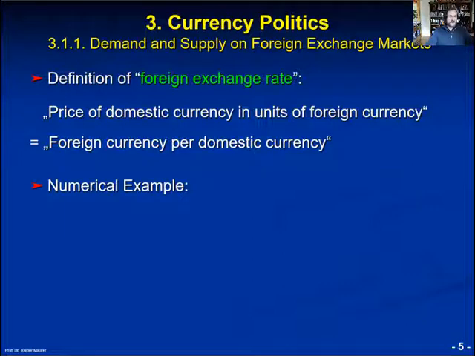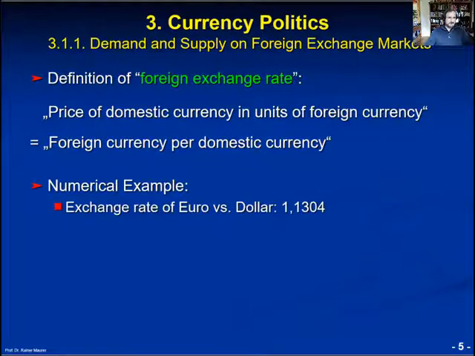Let's make a numerical example. The exchange rate of the euro versus the dollar is currently 1.1304 dollar per euro. So 1 euro has the value of 1.1304 dollar.